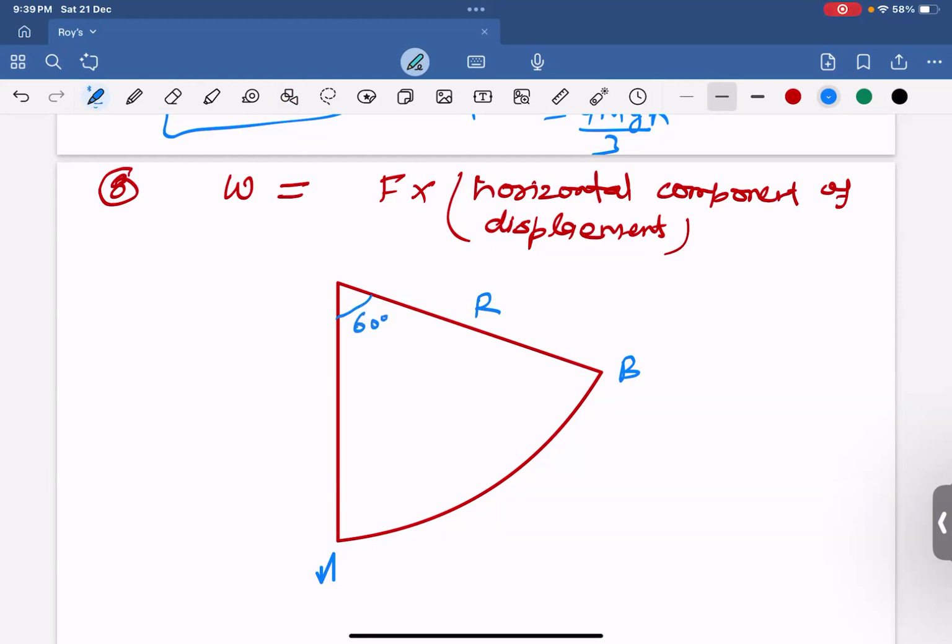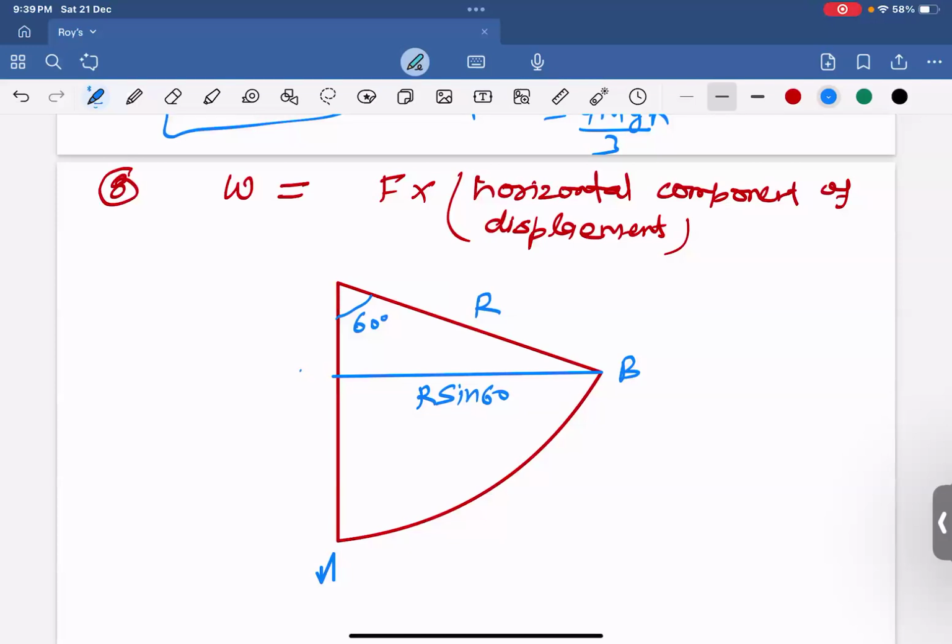I need to find the horizontal distance between B and A. This is the horizontal component, and definitely it is opposite of 60, so I can say it is R sine 60.